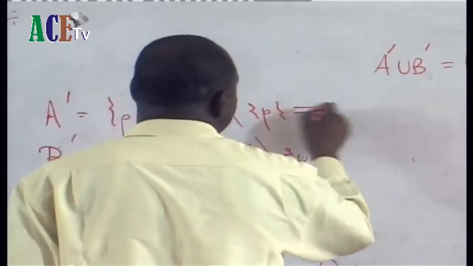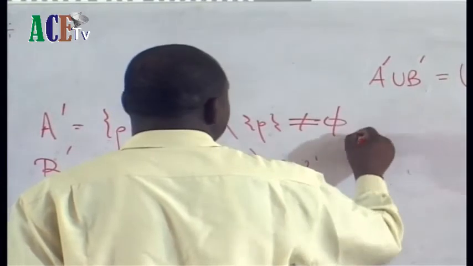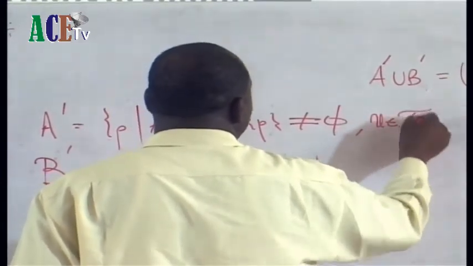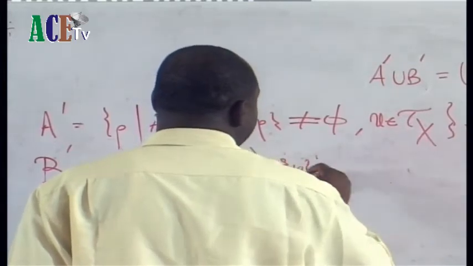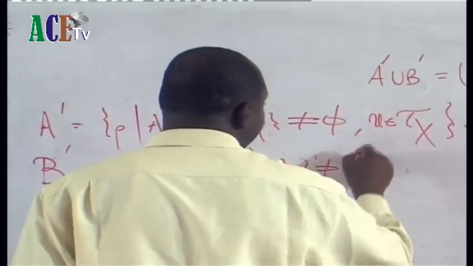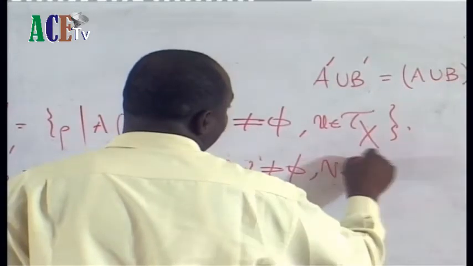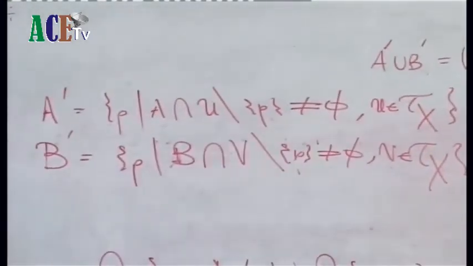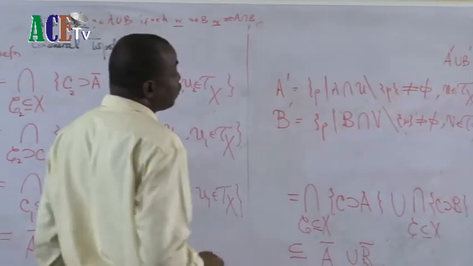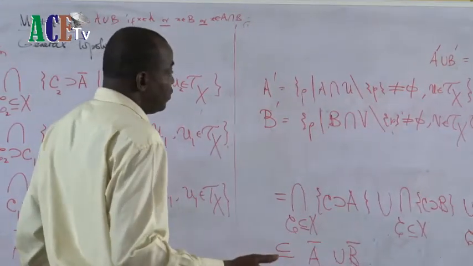It's not empty, where U belongs to tau of X. And this also is not empty, where V belongs to tau of X. So if you want to take the union of this, it's very clear.